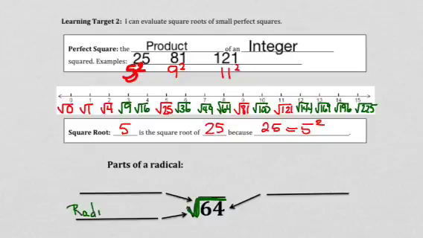It doesn't matter which one. The arrow that is pointing to the 64, I'm going to outline it in red. The 64 is called a radicand. The number under the radical sign is a radicand.